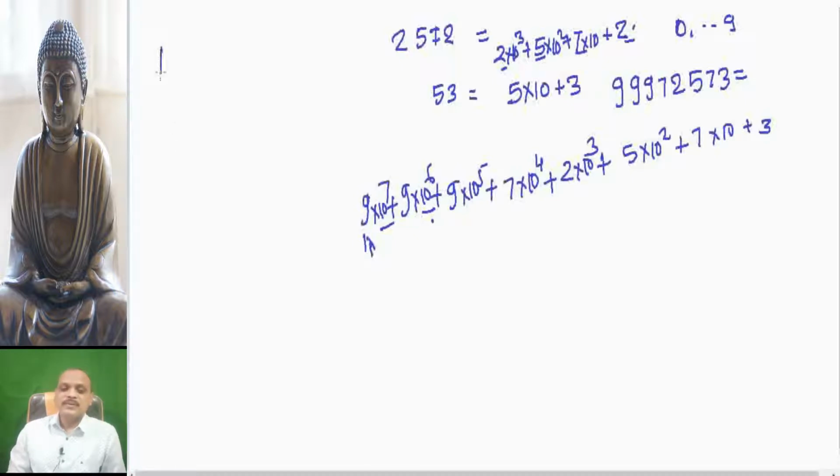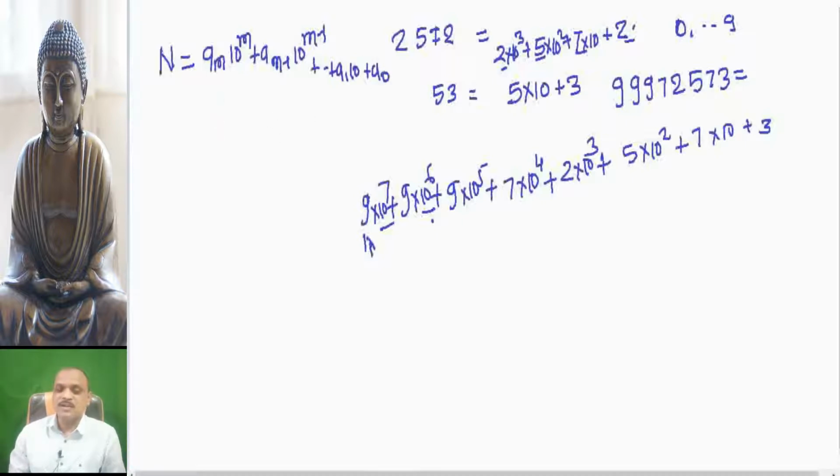So if we take the general case, suppose n is the number, where this is a_m into 10 raised to m plus a_(m minus 1) into 10 raised to m minus 1 plus and so on plus a1 into 10 plus a0.